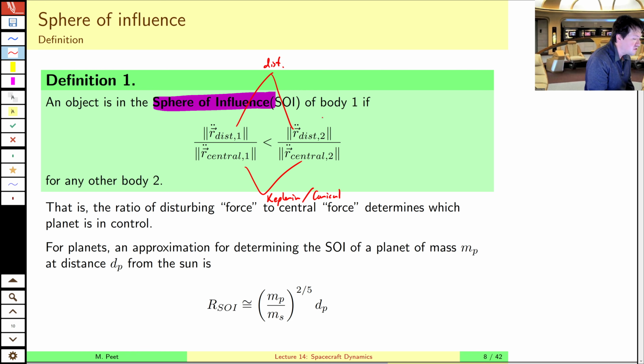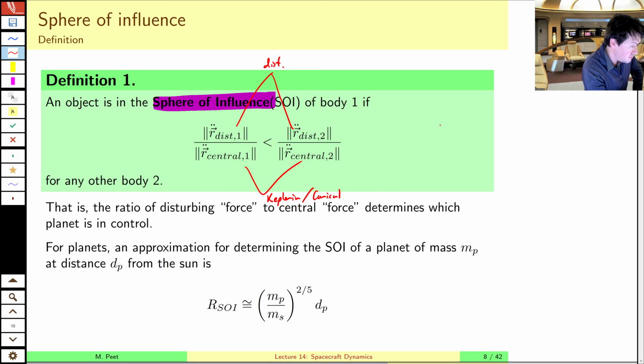If that disturbance is small relative to the overall acceleration, then you're in the sphere of influence of that body. So the question, of course, becomes how to determine those numbers, and it's fairly complicated.